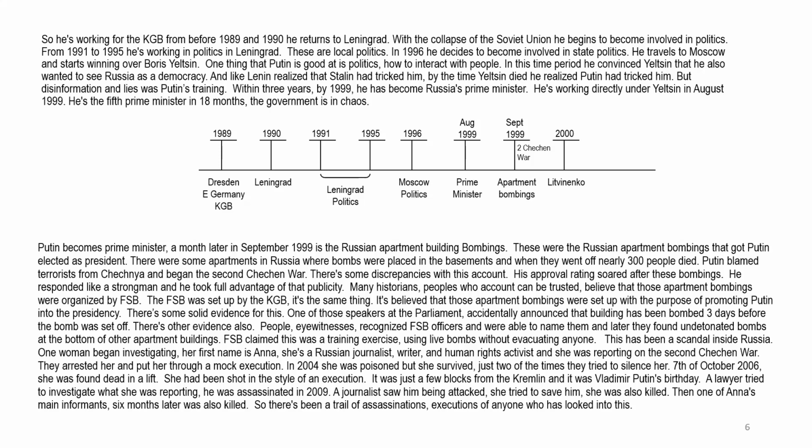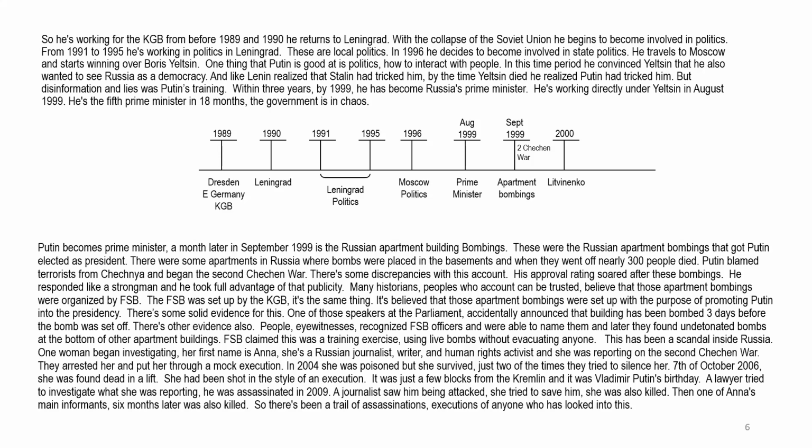In 2004, she was poisoned, but she survived, just 2 of the times they tried to silence her. On the 7th of October, 2006, she was found dead in a lift. She had been shot in the style of an execution. It was just a few blocks from the Kremlin, and it was Vladimir Putin's birthday.